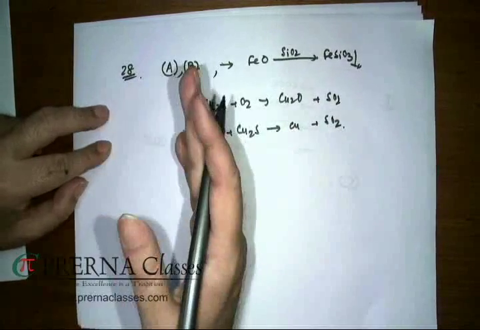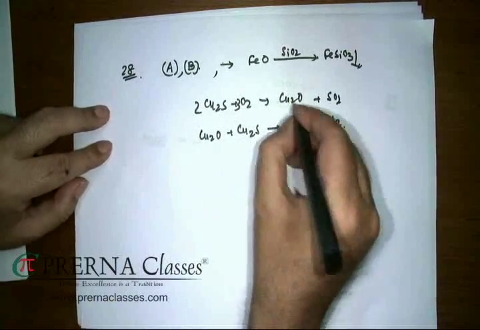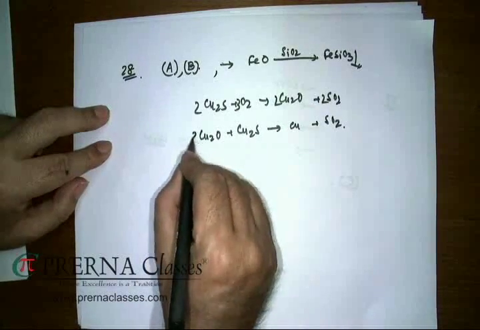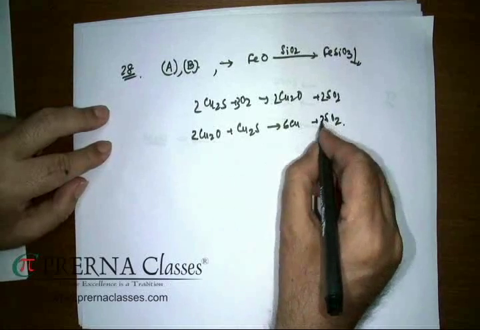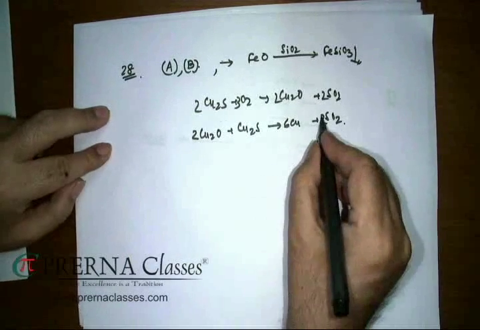It is not balanced, and if you want you can balance it: 2, 3, 2, 2, then 2, that is 6Cu and single SO2.